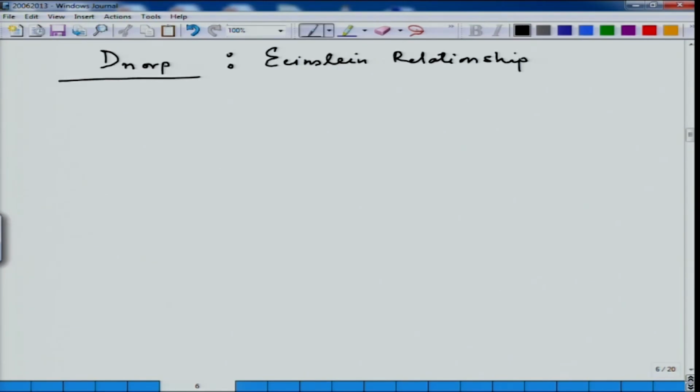To derive this, let us take an example where we take a semiconductor, an n-type semiconductor, having a donor concentration which is something like this. So basically this is non-uniform doping.